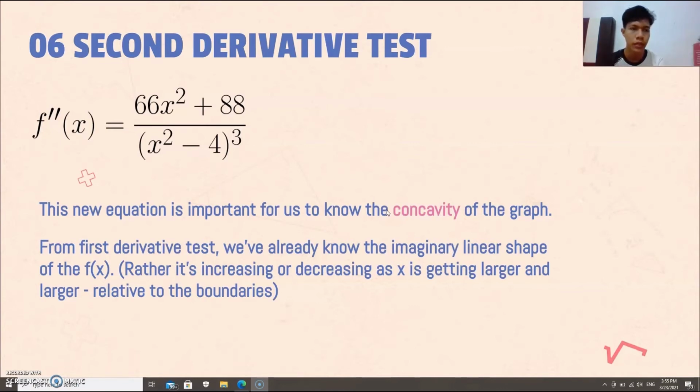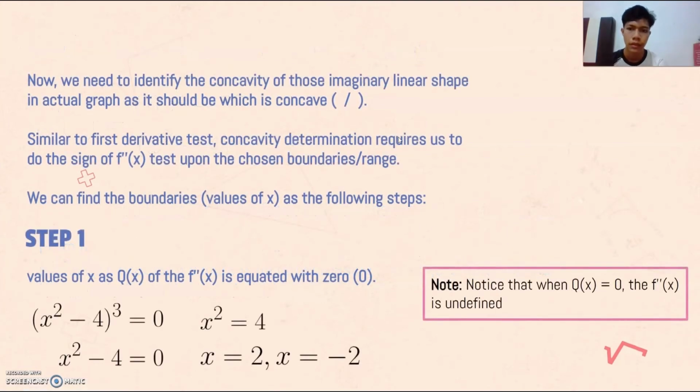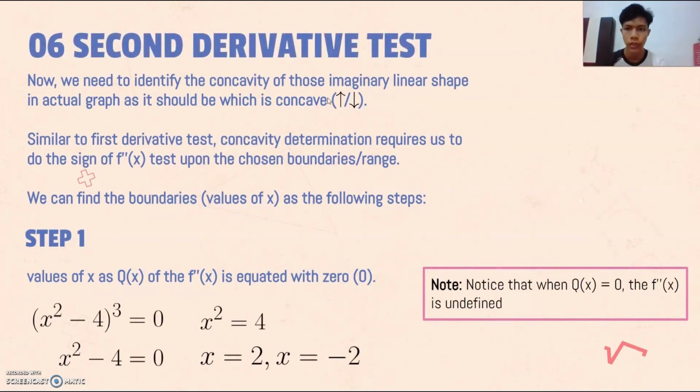So we need to know the concavity of the graph then. Now we need to identify the concavity, which is whether it is concave up or concave down. In order to do that, we have to do the sign of f double prime test.